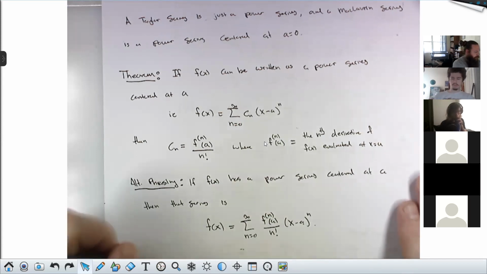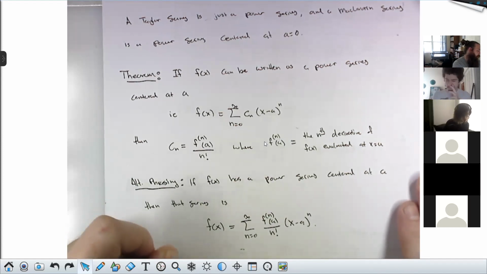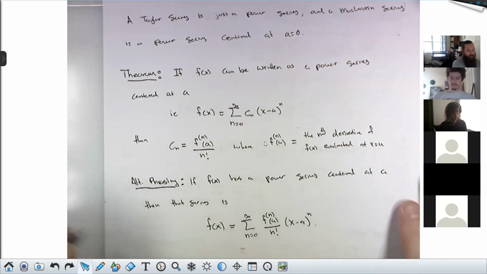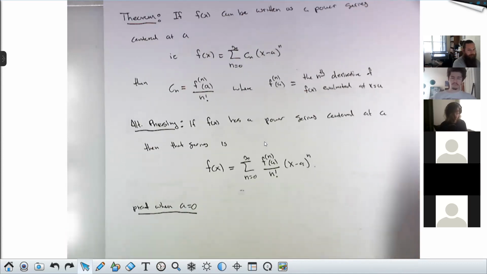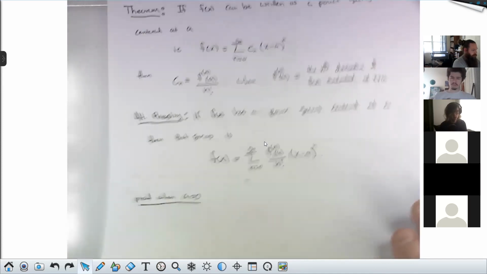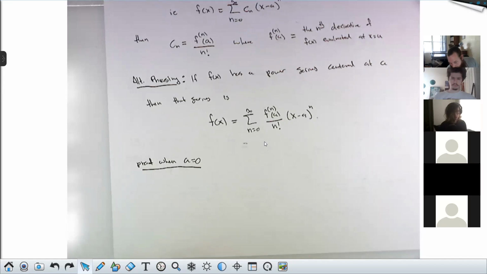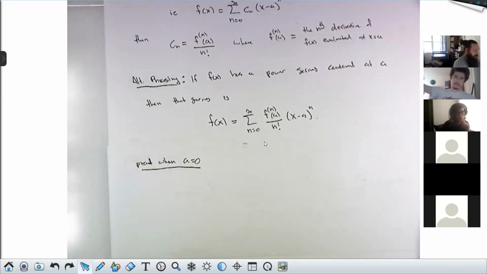So I'm going to offer the proof when a is equal to 0, just because it makes everything look a little bit nicer. So proof in the case where a is equal to 0.